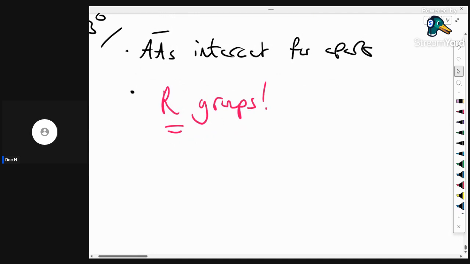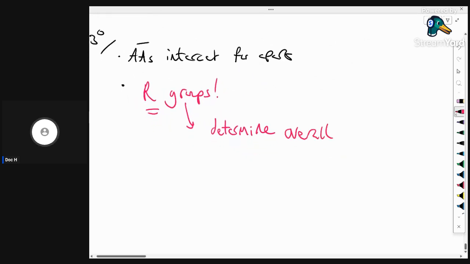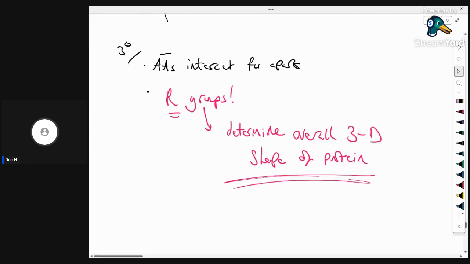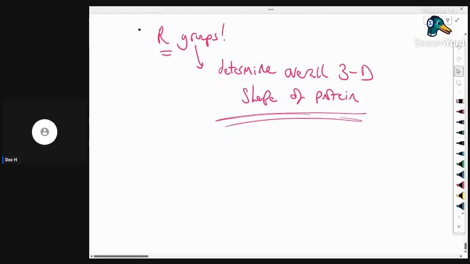It's the R groups now that determine the overall, and this is what tertiary structure is, three-dimensional shape of the protein. And that is determined by the order of R groups that you have.